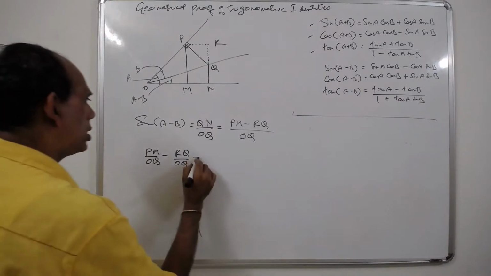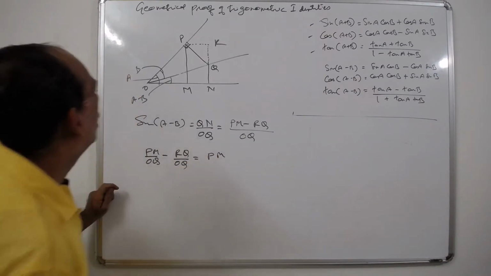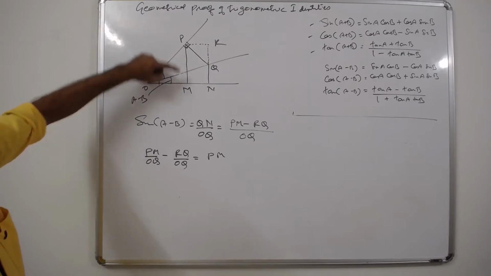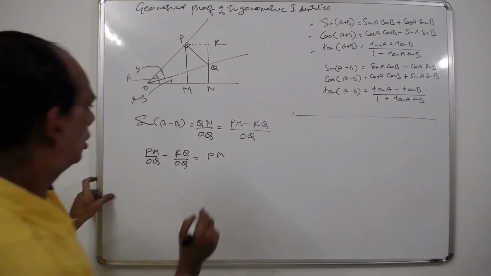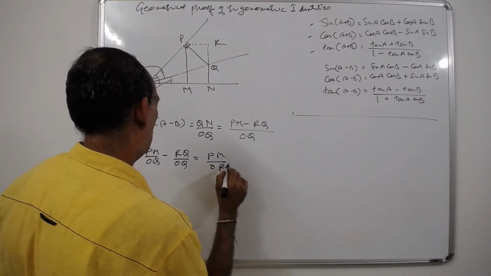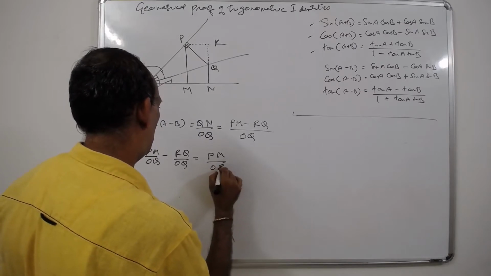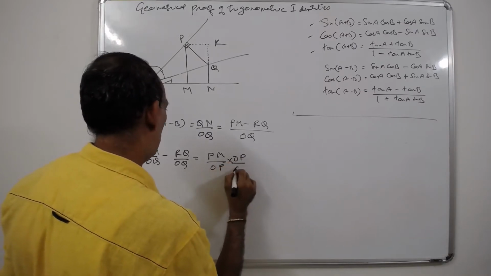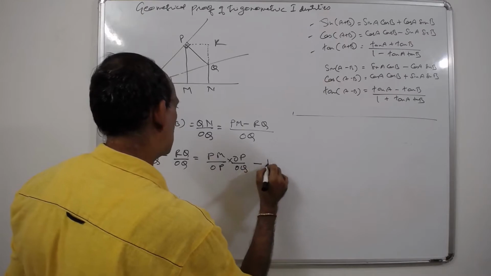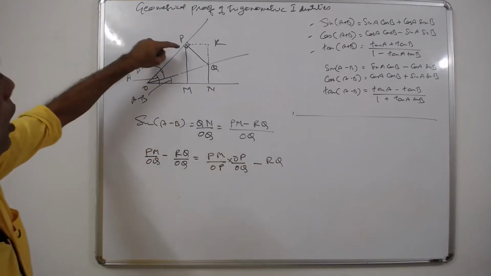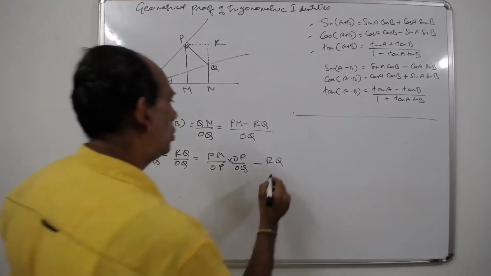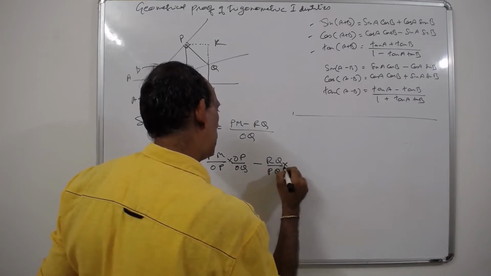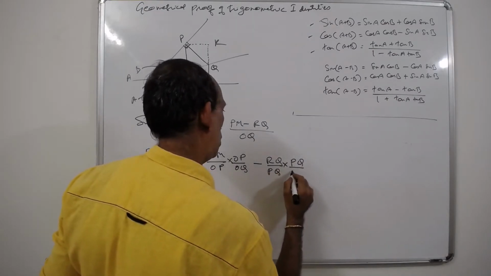Here what we do is, where is PM? I divide it by OP upon OP, into OP upon OQ, minus RQ. RQ is here, so I divide it by PQ and multiply again by PQ upon OQ.